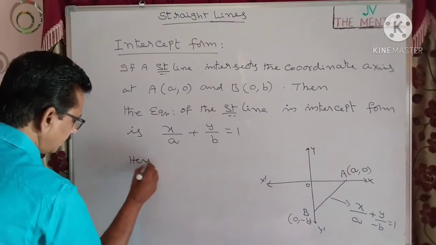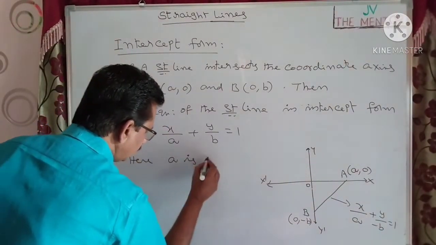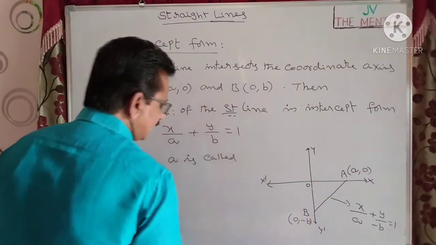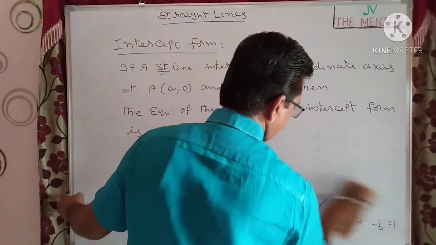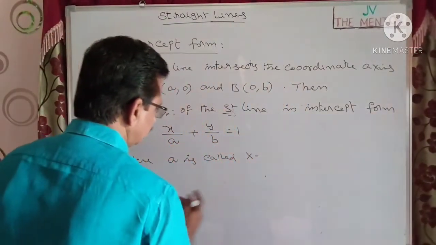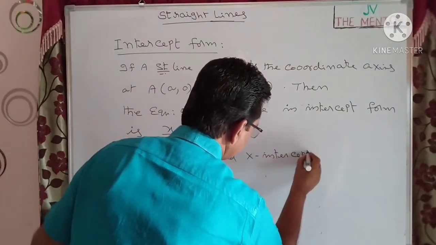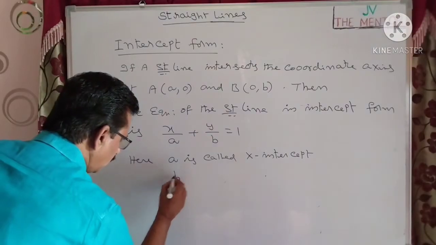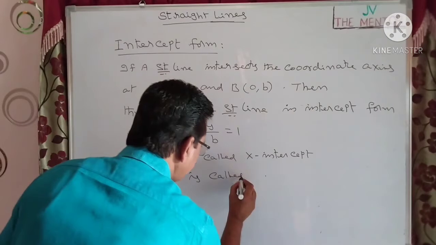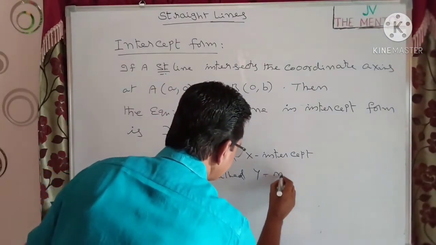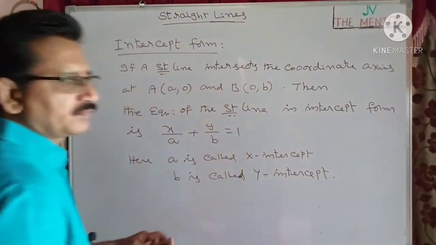Here A is called the x-intercept and B is called the y-intercept.